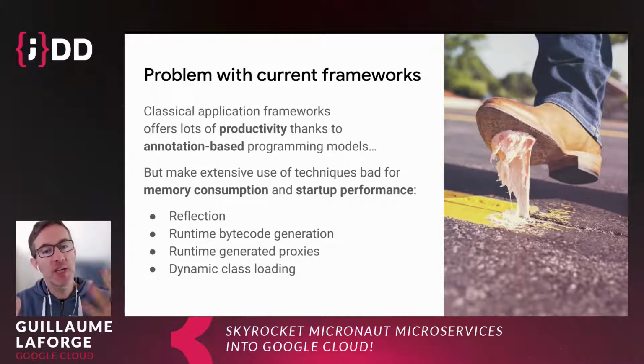They often provide annotation-based programming models, but it usually comes at a cost, some memory consumption, which is quite significant compared to, let's say, other languages or runtimes, and a slightly slow performance in terms of startup time. And often those problems are actually coming because of reflection, of runtime bytecode generation, or also the generated proxies and dynamic class loading. All these things are usually memory hungry or take time.